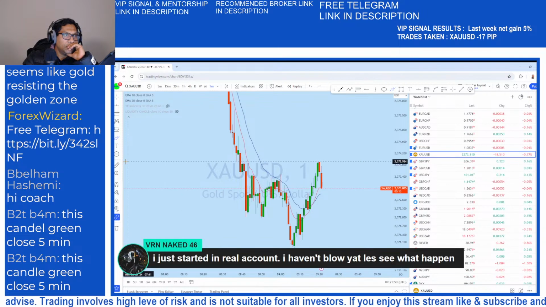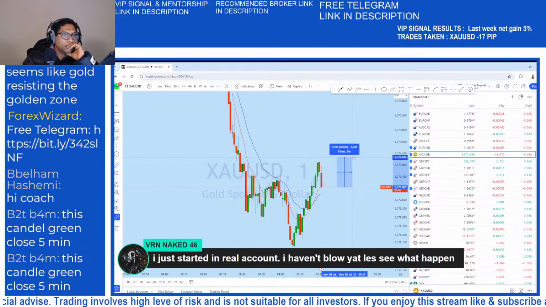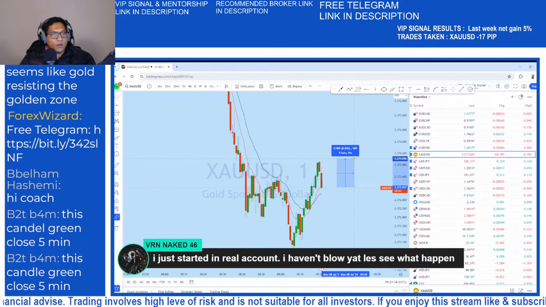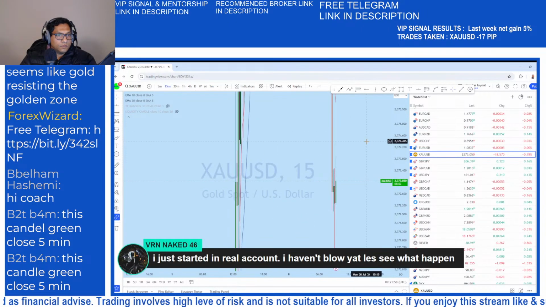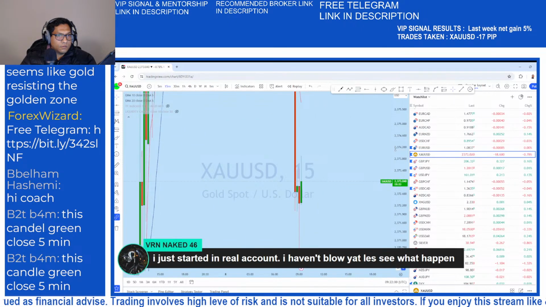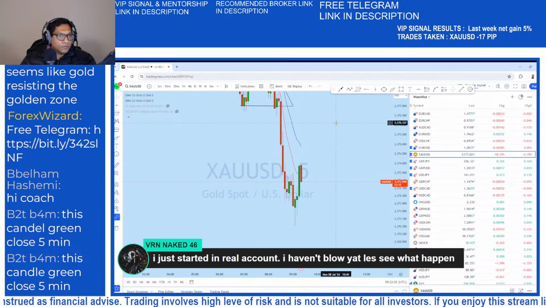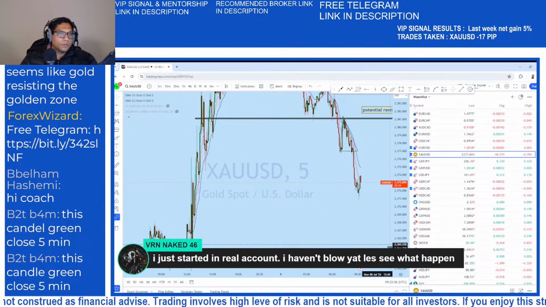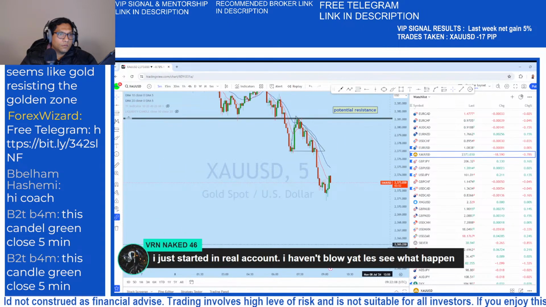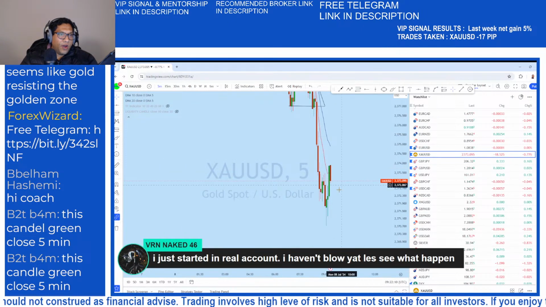It's a 1 minute chart. This is the 5 minutes price action.